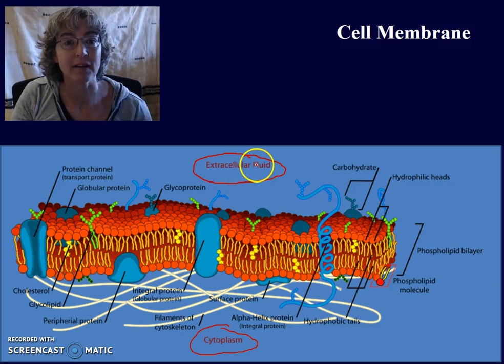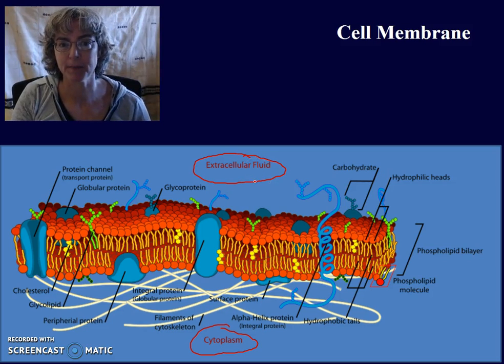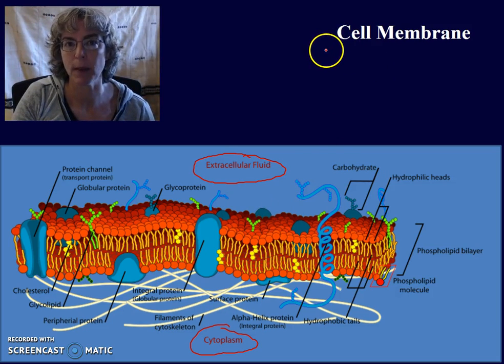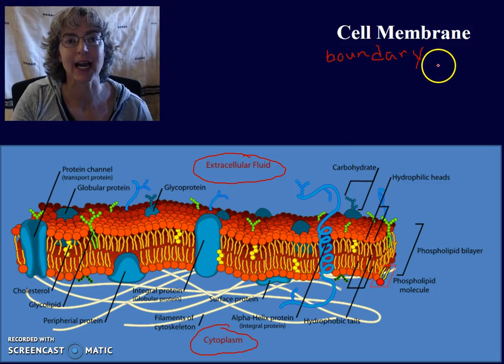Or in the case of a bacteria, the inside of the bacteria and the environment, the outside of the bacteria. Okay, so I'm going to concentrate mostly on eukaryotic cells, the cell membrane of eukaryotic cells. So, okay, cell membrane is a boundary between the inside and the outside.